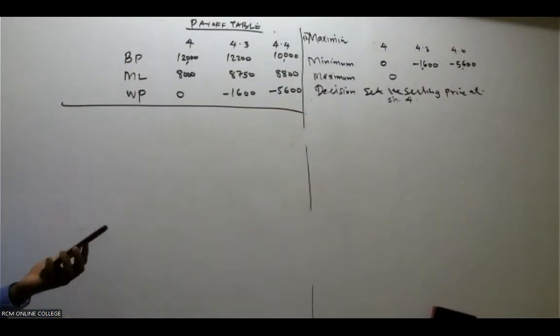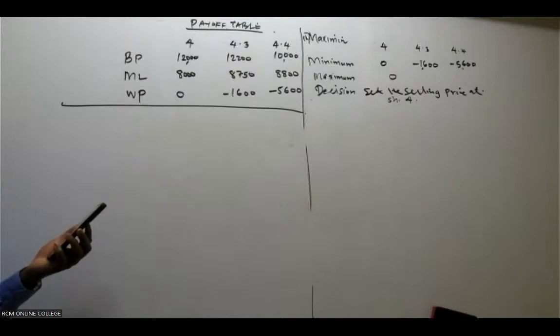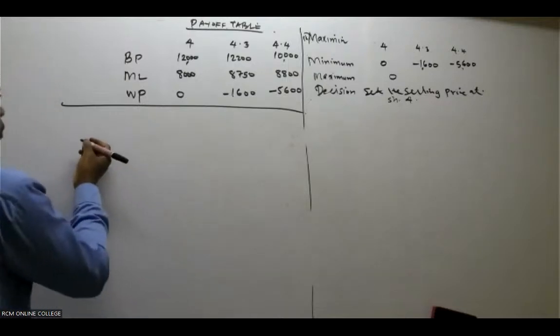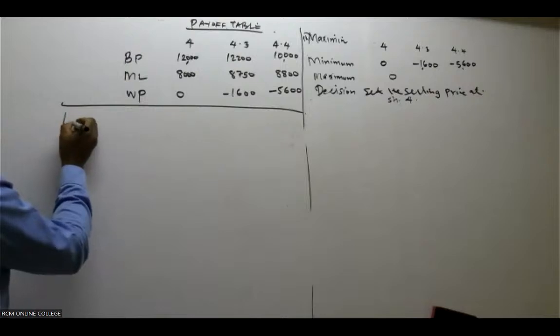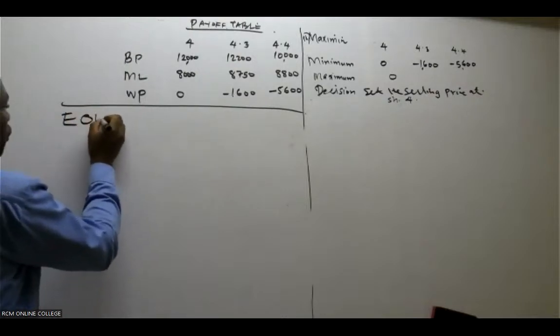When we talk about expected opportunity loss, how do we calculate that? Opportunity loss is basically maximum payoff minus payoff under each alternative.